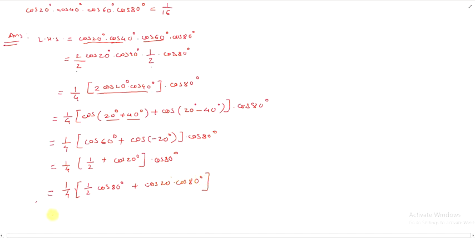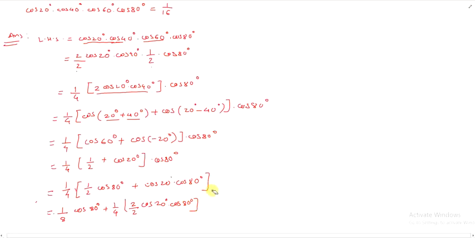Okay, after multiplication, now here we can write 1 by 4 into half, that becomes 1 by 8 into cos 80 degree, and plus 1 by 4, and here again we have to multiply by 2 and divide by 2, into cos 20 degree into cos 80 degree.